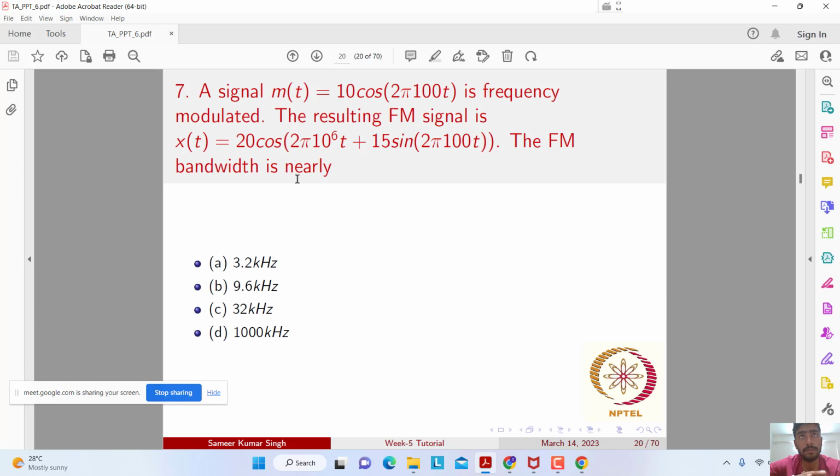Calculate the bandwidth. Apply the previous concept. From there we have an FM, just write the general equation of the FM. From there you will get your answer.